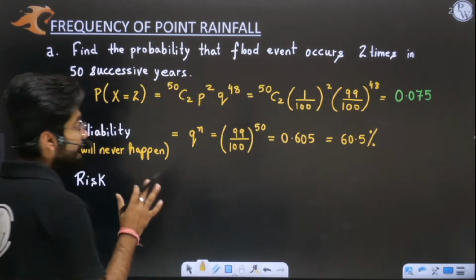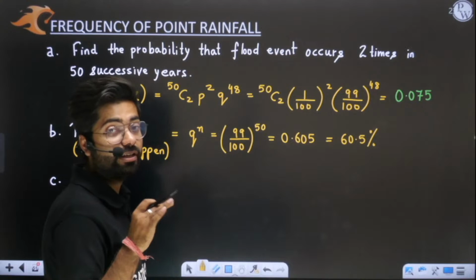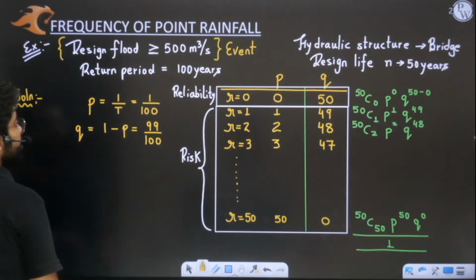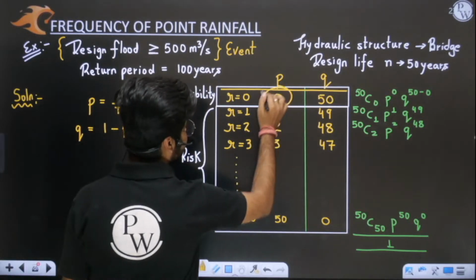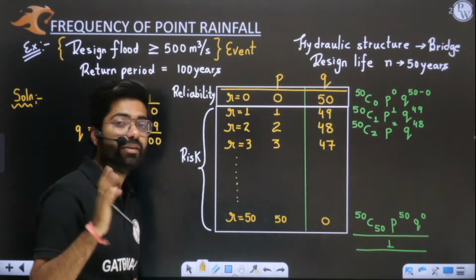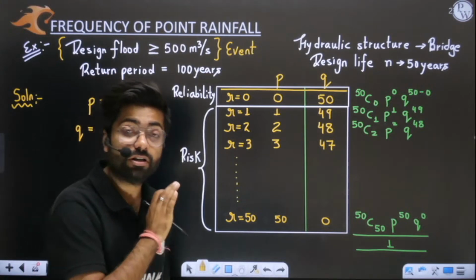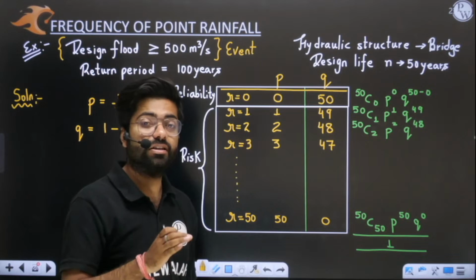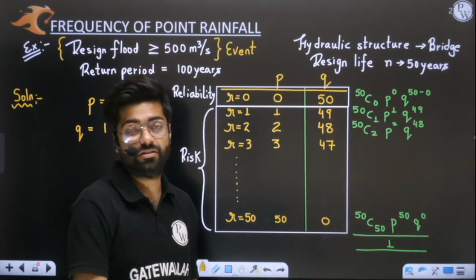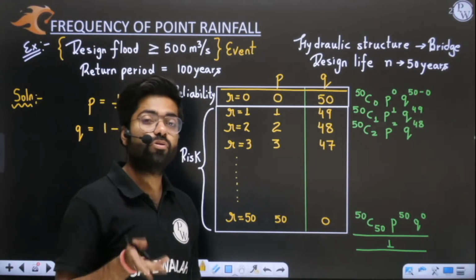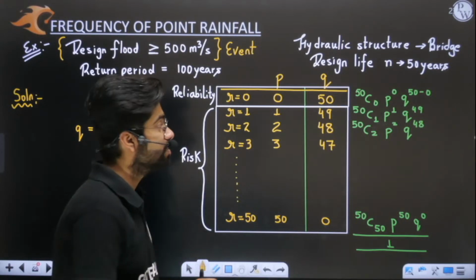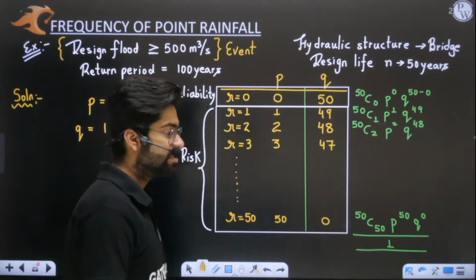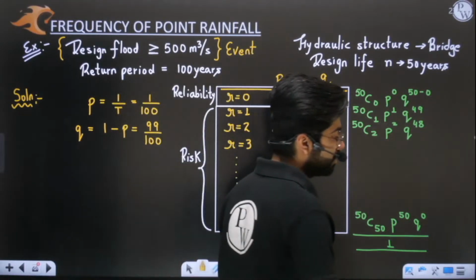Imagine out of 100%, there is a 60.5% chance that this flood will not take place even a single time out of 50 years. Out of a total 100%, a 60% chance is that this flood will never ever happen in 50 years. Yes or no? Perfect.